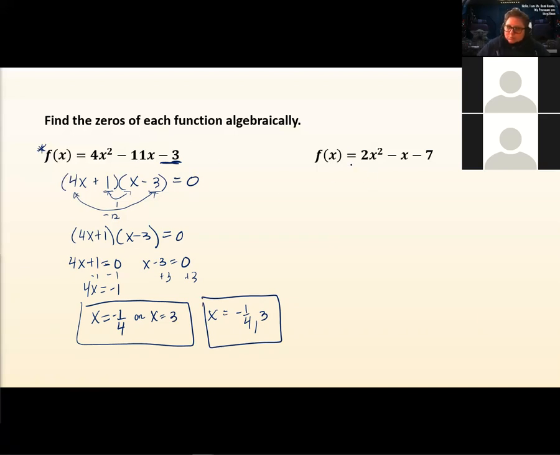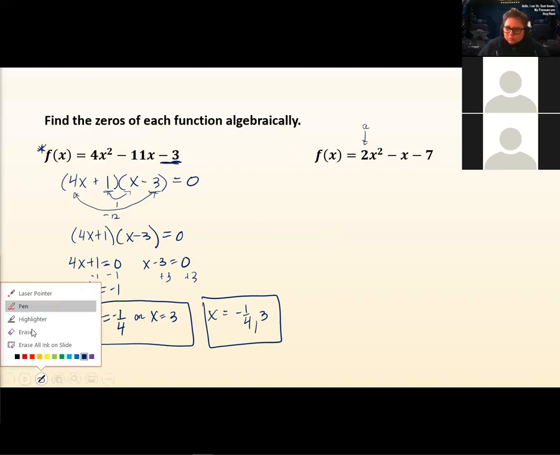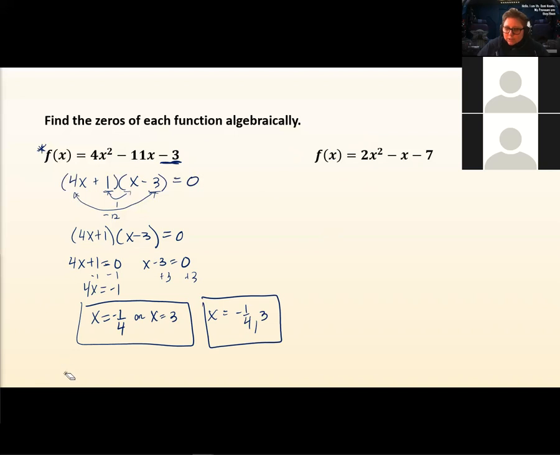Okay. The second one is not as kind. And again, like I said before, usually when we see numbers greater than 1 here for our A, our go-to is the quadratic formula. And you can solve this one with the quadratic formula if you like.